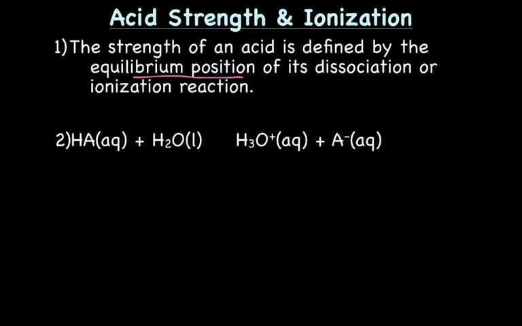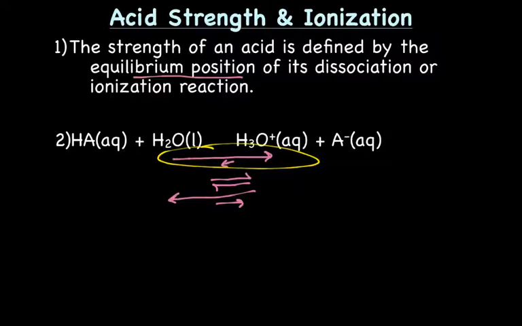We could have arrows where the reaction goes mostly forward and only a little bit backwards, a reaction that is fairly equal forwards and backwards, or a reaction that is mostly backwards and only a little bit forwards. These are equilibrium positions.